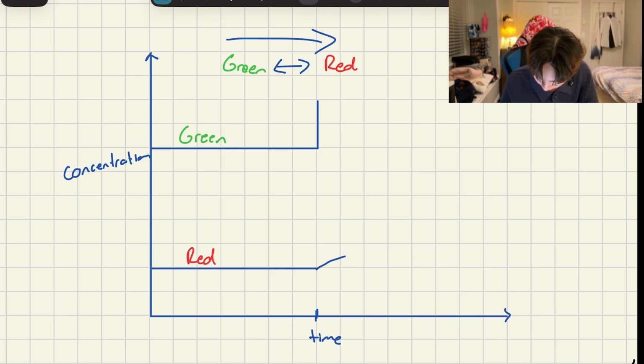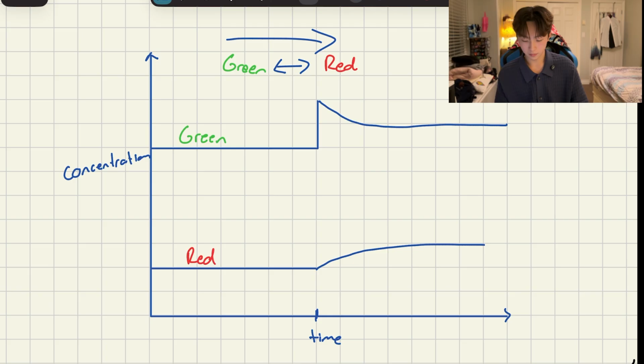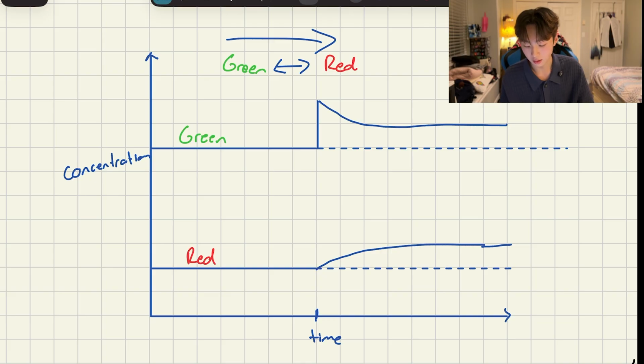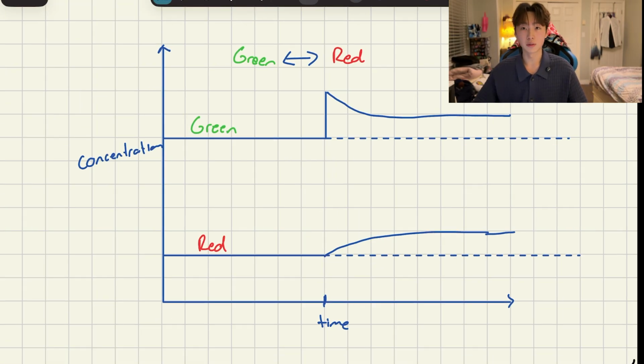So it'll look like this. And if we look at our initial line, we still have more green than initially, but less. And as for red, we actually have more than what we started with. And now a new equilibrium is established.